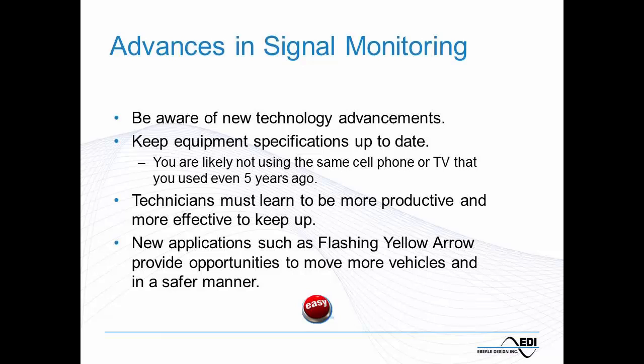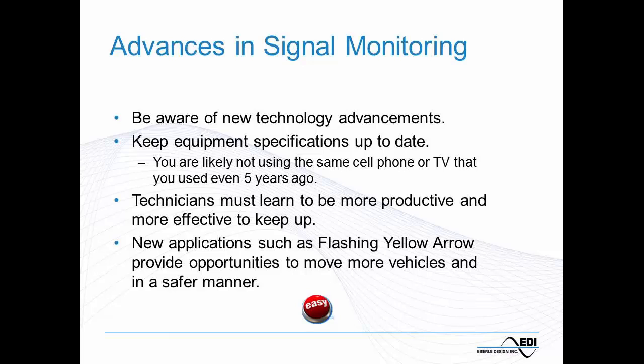So to wrap up, flashing yellow arrow is new technology. It has some very keen opportunities for moving traffic more effectively, providing operation that we weren't able to do before, increasing motorist safety.